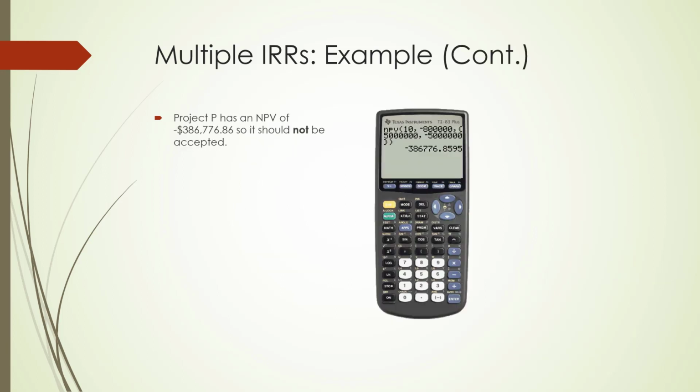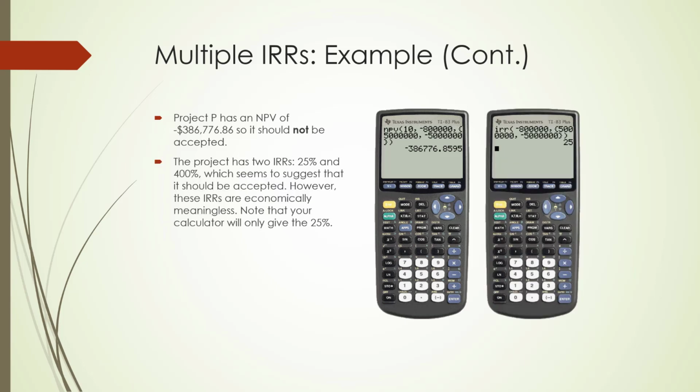Now, here's the NPV calculation for Project P, this World's Fair Pavilion. Using the calculator, you can see that it's negative $386,776.86. So since the NPV is negative, we know right off the bat that this is a bad investment. It should not be accepted.